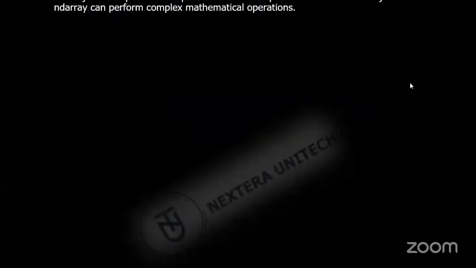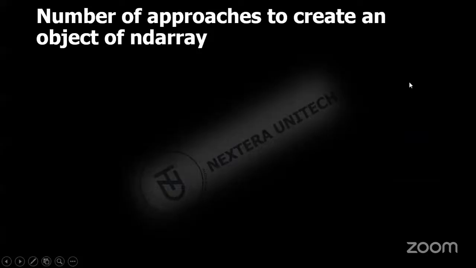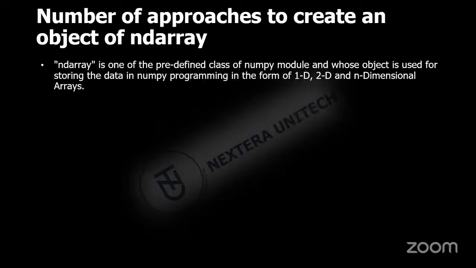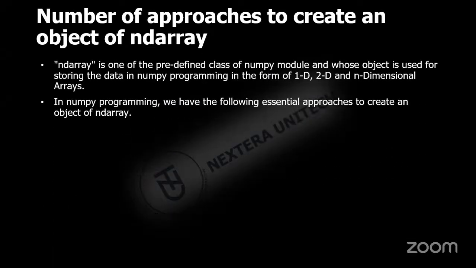Then, so far we are understanding that NumPy is efficiently handling the data, right? But what are the different approaches to create these NDarrays? In order to build an NDarray object, there are multiple approaches.